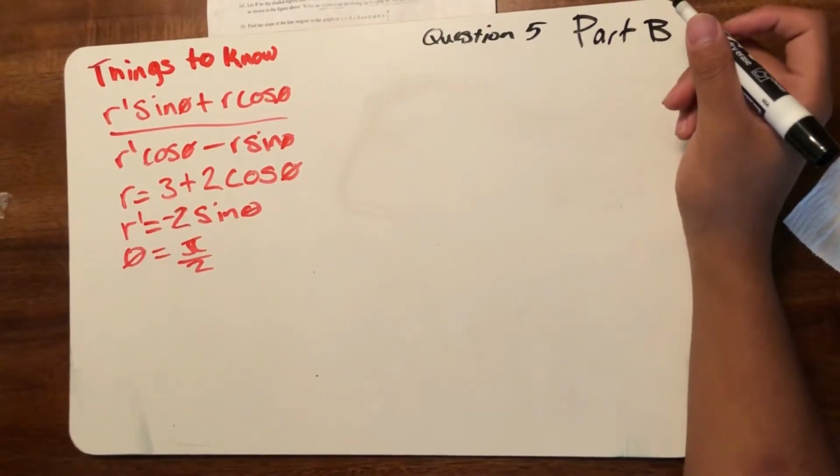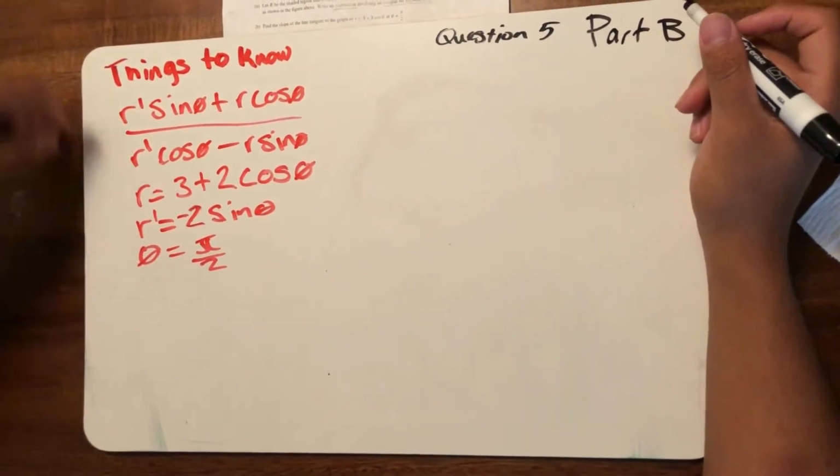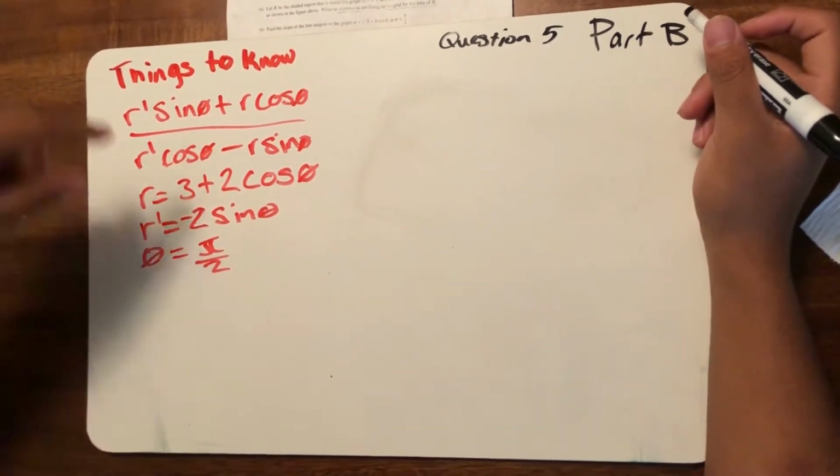Now what we're going to do is plug in what we know into our formula and then solve at theta equals pi over 2.